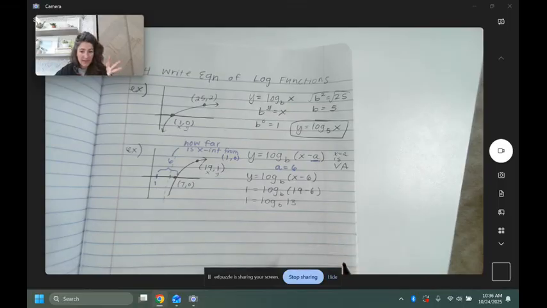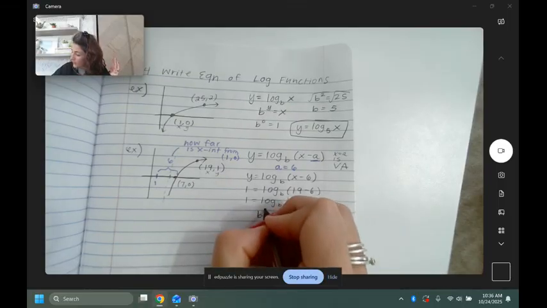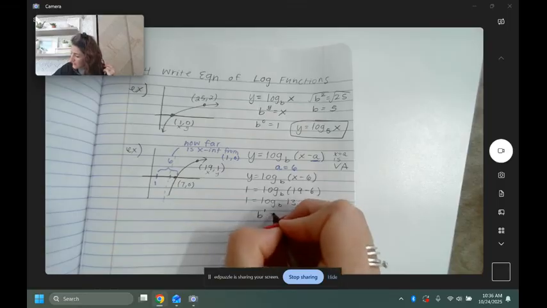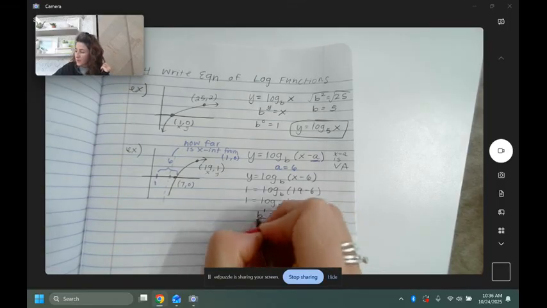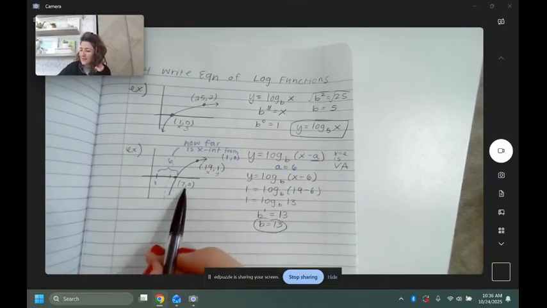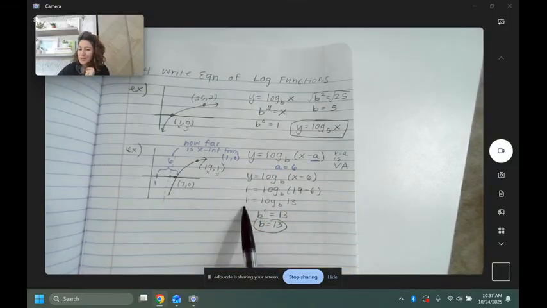Let's rewrite this in exponential form. b raised to the 1 is 13. So b is 13. The reason I didn't plug in this (7, 0) is the answer would be 0, so b raised to the 0. Again, it's just not a helpful nugget of information.